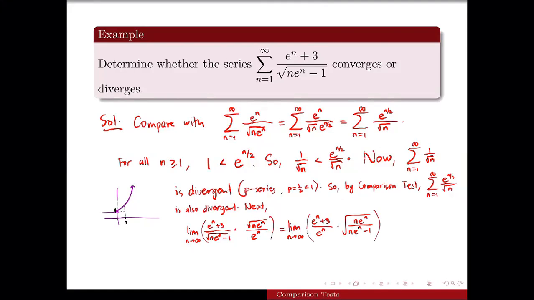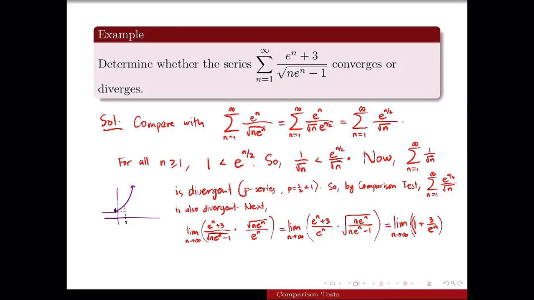Then let us just analyze this. In fact, you will get limit equals 1. But let us show some more details. Limit as n approaches infinity of the quantity 1 plus 3 over e to the n.